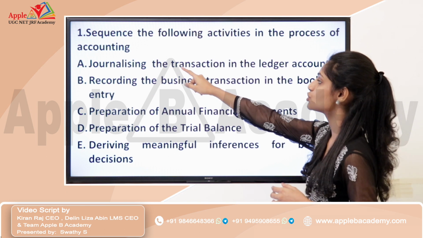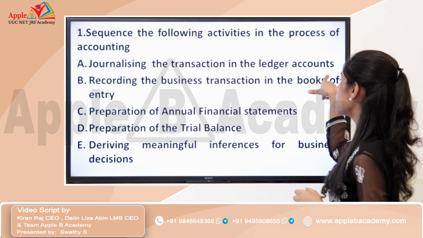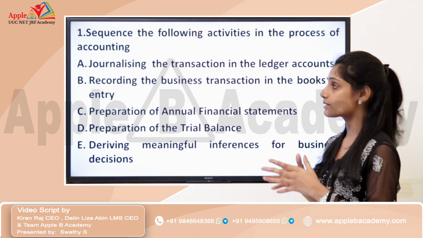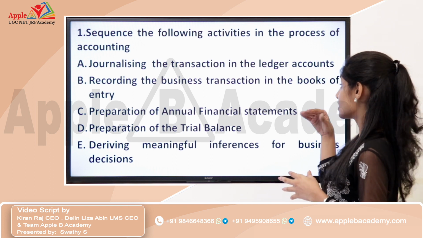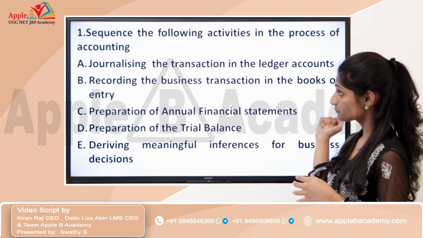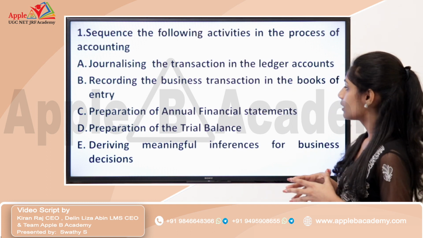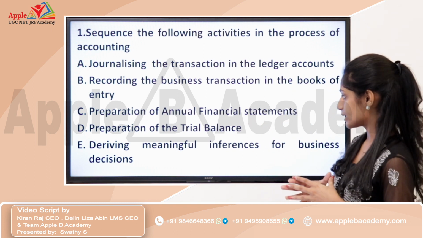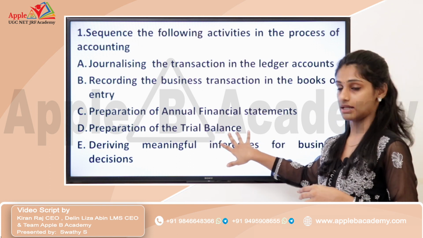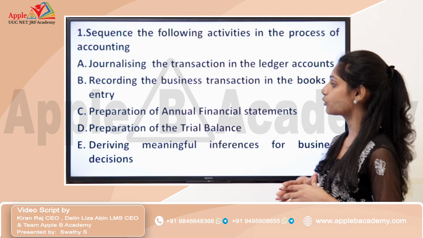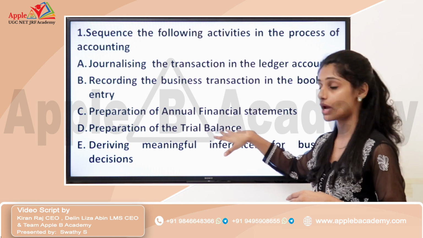Then you have to journalize the transaction in the ledger accounts. The next one is about journalizing the transaction in the ledger accounts. Next one, so B, A. Then what is the next thing? Preparation of annual financial statement, no. Preparation of trial balance, yes. From these options you can go for option D, as it is about the trial balance preparation.